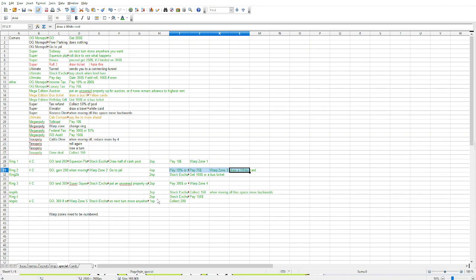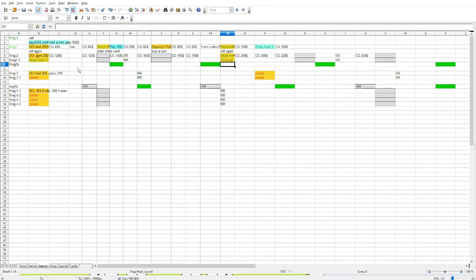So since there's 4 of them, I'm going to make an effort to put one of them on each of the sides of the board. Like this part between this yellow space and this yellow space here, that's one side of the board. You know what? This is the classic location for the tax space. So it goes here. Pay $75. That would traditionally be on side 4.